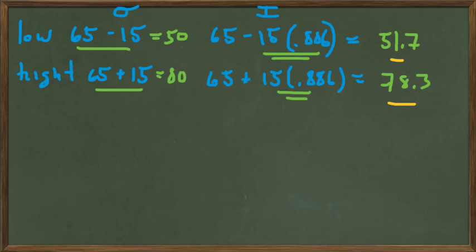So these determinations of the low and the high inside and outside are just done by multiplying the swing temperature by the scaling factor, and either adding or subtracting to the average temperature.